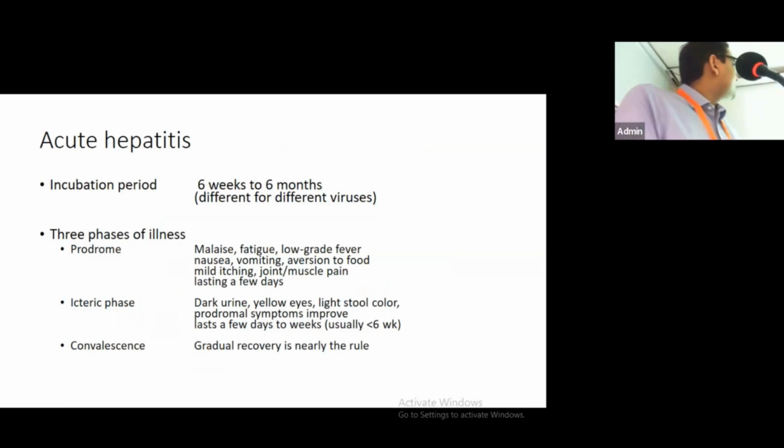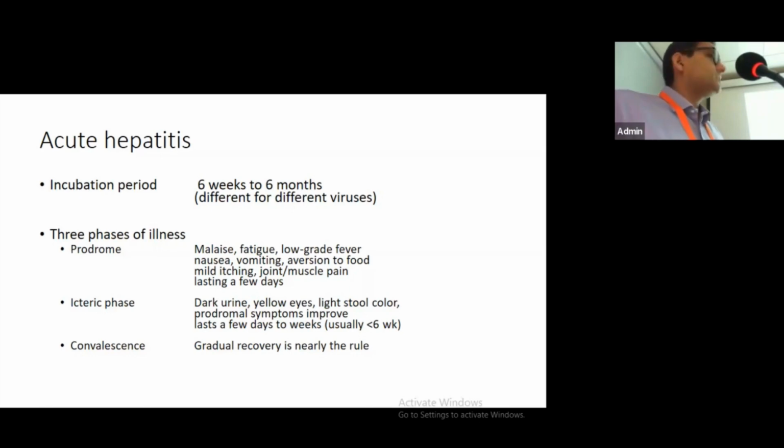These are the different phases of illness which are usually seen in acute hepatitis, which is mostly true for all viral hepatitic illness. The first stage is the stage of prodrome. All of us are familiar with the term prodrome, which includes symptoms like malaise, fatigue, low-grade fever, nausea, vomiting, aversion to food, mild itching, joint pain, which usually lasts a few days to a few weeks.